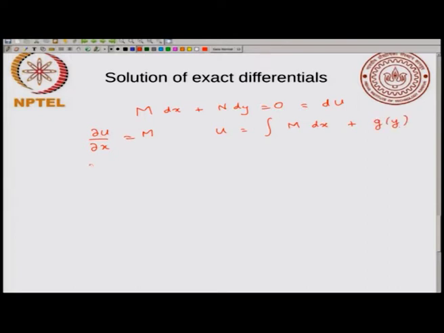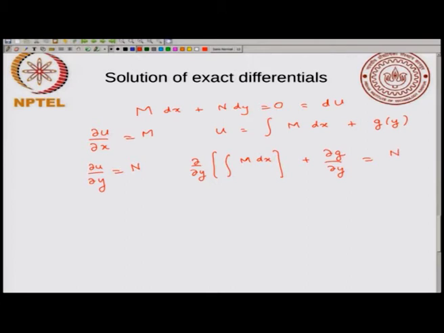Then you had dou u by dou y equal to n. So, therefore, I can write dou u by dou y as dou by dou y of integral m dx plus dou g by dou y equal to n. Okay.